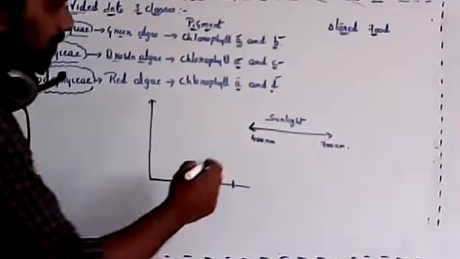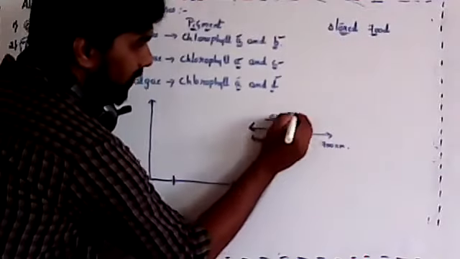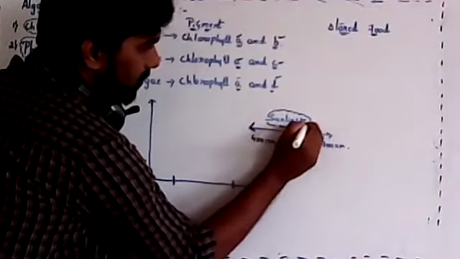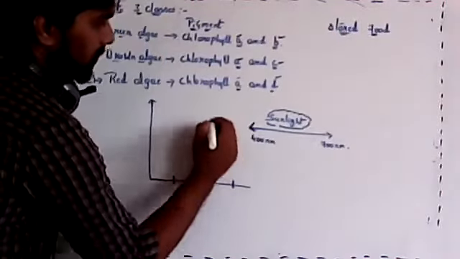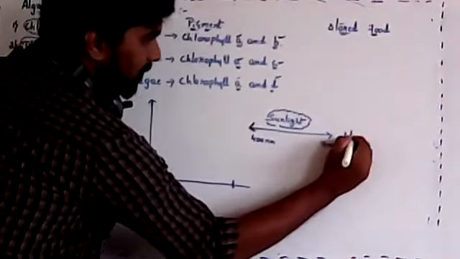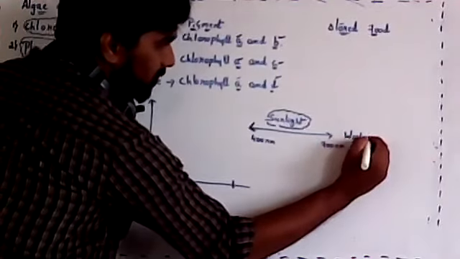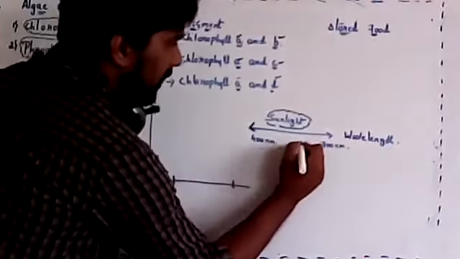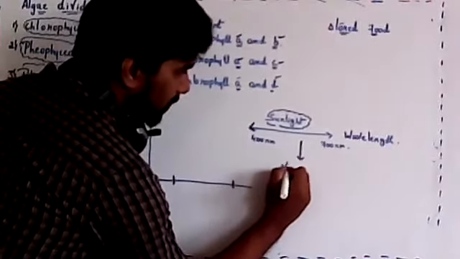Now there is sunlight. Light will have different types of wavelength. Wavelength, in physics, I don't know whether it's done or not. So wavelength 400 nanometer to 700 nanometer is called visible light.